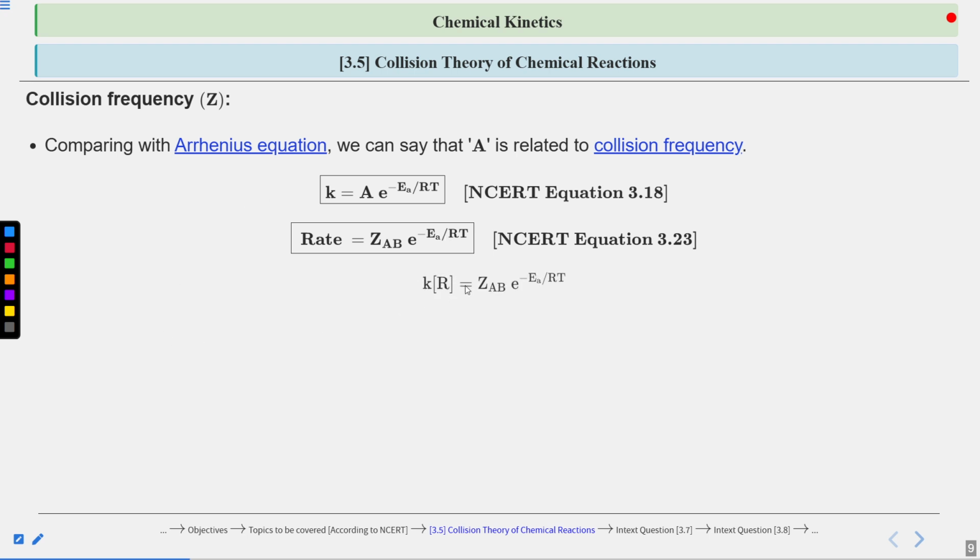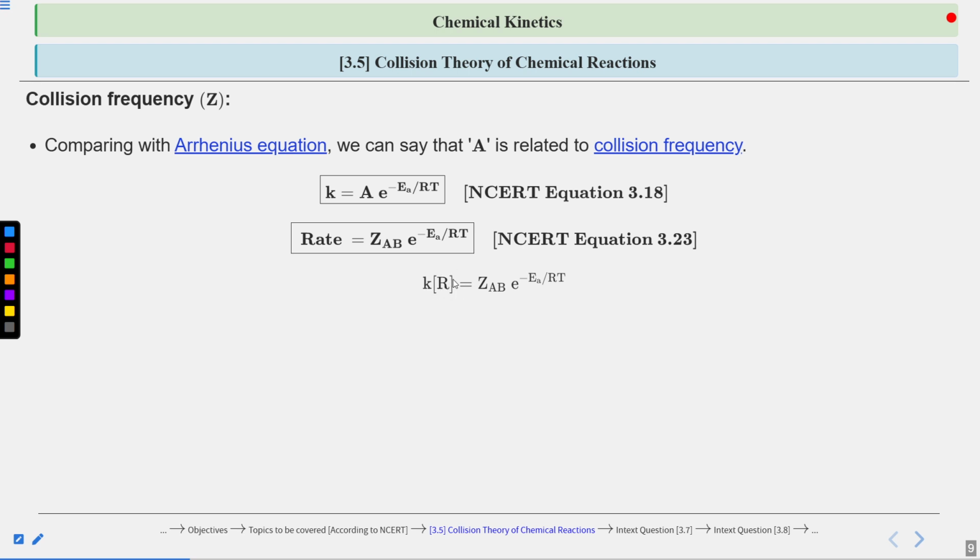So rate equals ZAB e to the power minus EA by RT. According to the rate expression, rate can be written as the rate constant K multiplied by the reactant concentration, which equals ZAB e to the power minus EA by RT.